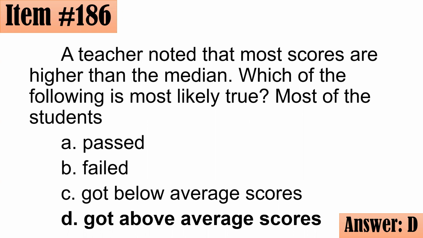And that is true for negatively skewed data. And in a negatively skewed distribution, many got above average scores. Letter D. Okay, sa lahat ng sumagot ng D, wow, correct. Grabe kayo. Mukhang marami yata makaka-perfect mamaya.